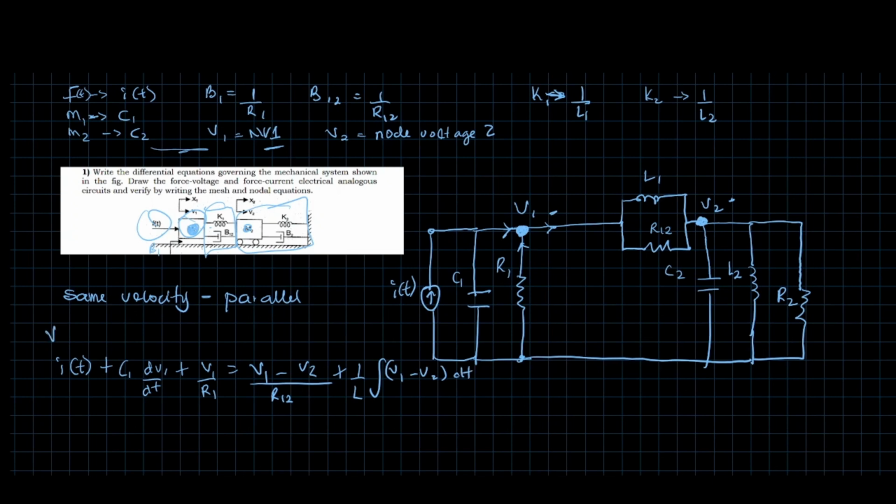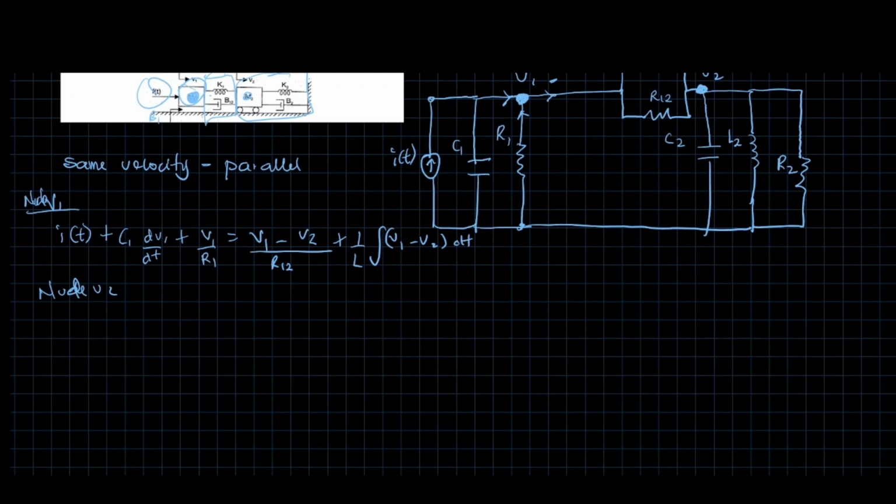Then for node V2, the sum of current entering this node is the sum of current exiting the node, right? So in this case, it's going to be (V1 minus V2) over R12 plus 1 over L times the integral of V1 minus V2 dt. That's the current entering this node.